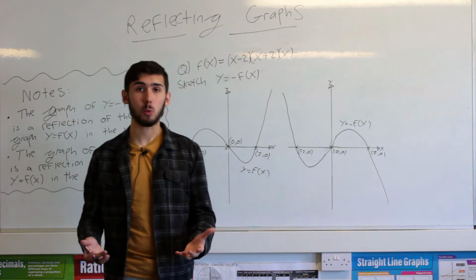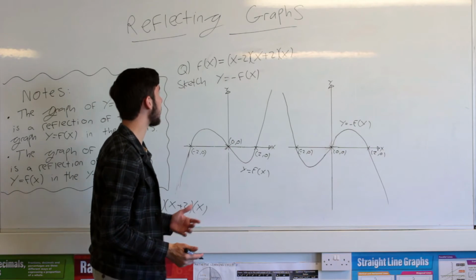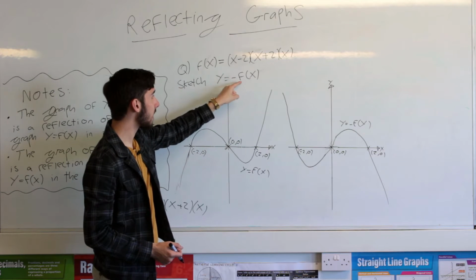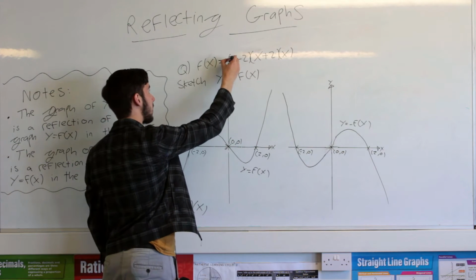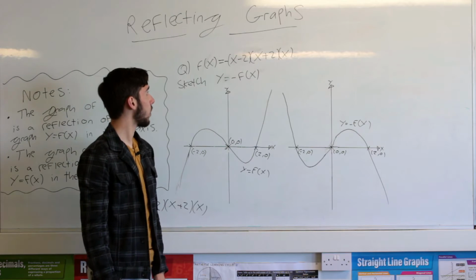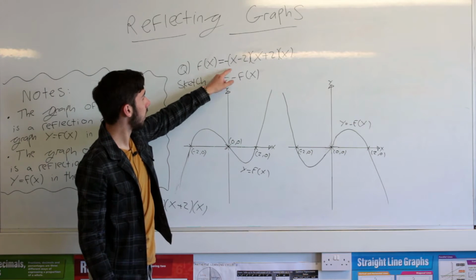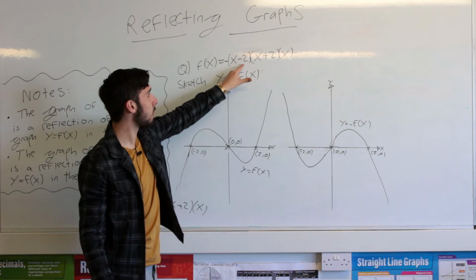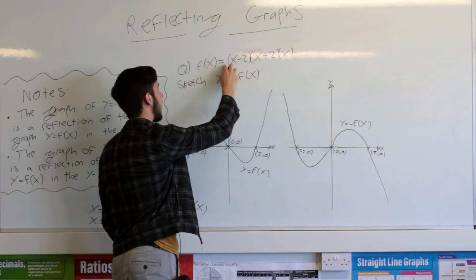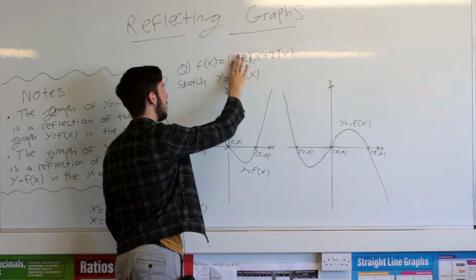So obviously the other way that you could have done this is you could have said, okay, I know what f of x is. To sketch y equals minus f of x, just sketch this. How do you do that? Well, that's a minus 1, and you could say that's an x minus 2, so I can actually just cancel the minus 1 out, and I can make this negative.